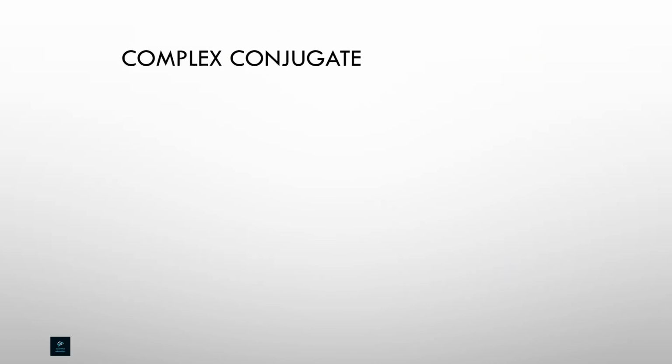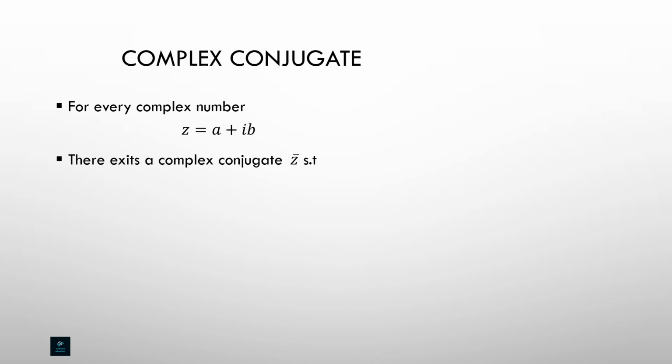Now we move to today's last topic, the complex conjugate. For every complex number z equal to a plus ib, there exists a complex conjugate z bar such that z bar equals a minus ib.